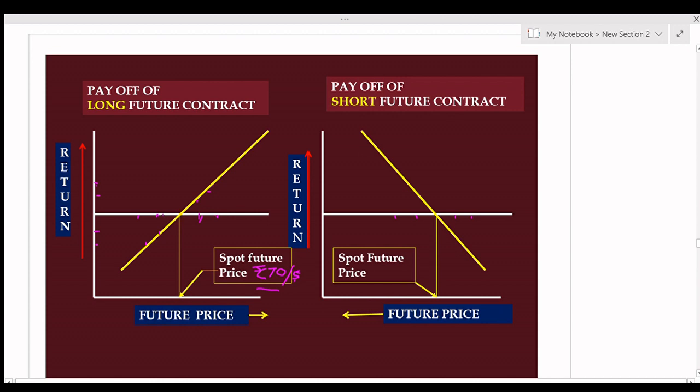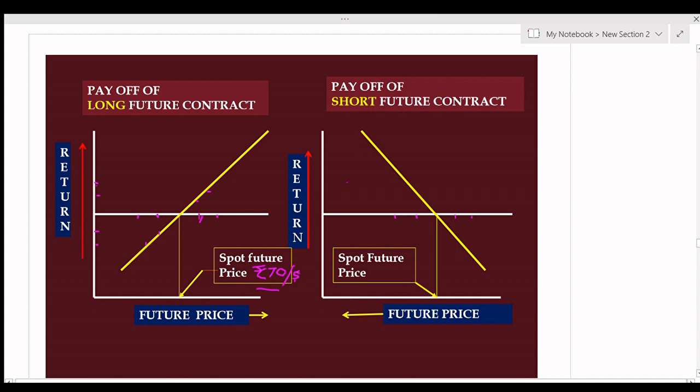If it comes down to 69, there will be a loss of rupees 1 per dollar, and if it is 68, then the loss incurred is rupees 2 per dollar in the long future contract, because he will buy at the contracted price of rupees 70 per dollar, and he will sell in the market at 71. So his gain will be rupees 1 per dollar.